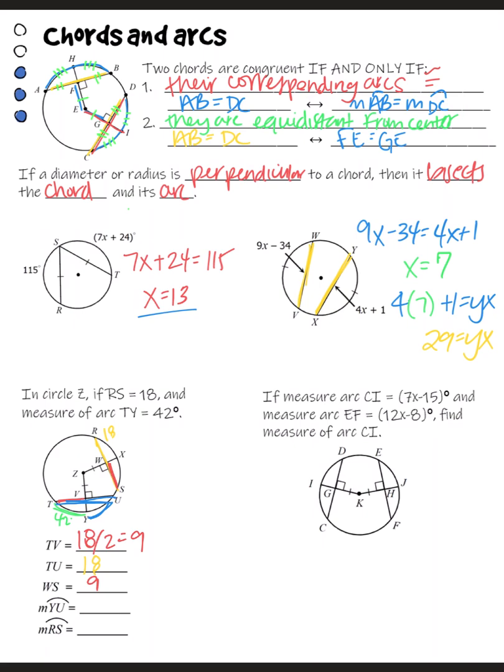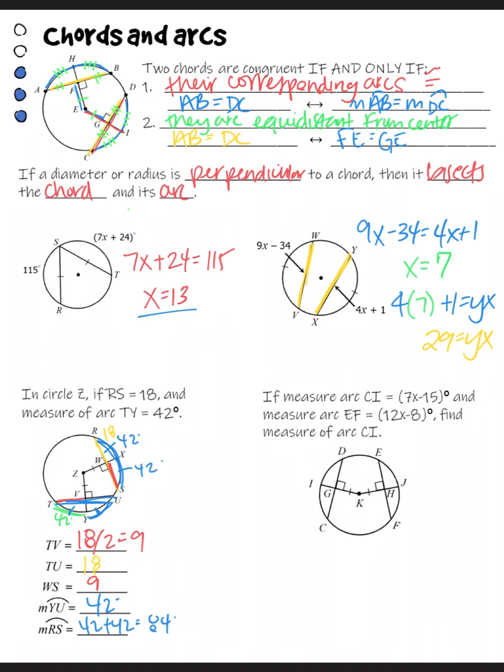YU is right here. These two are the exact same, so 42. And what's the measure of arc RS? So this and this, they both have to be 42. So I'm taking 42 plus 42, and that is 84 degrees.